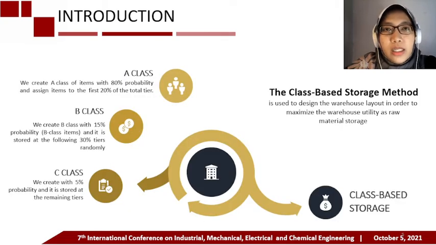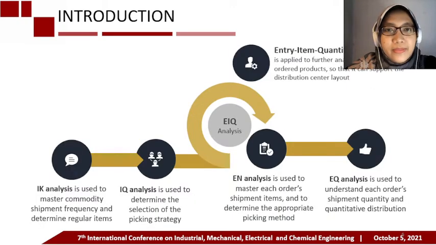So today, in this study, we will use two methods. The first method is the class-based storage method. This method is used to design the warehouse layout in order to maximize warehouse utility as raw material storage. The class consists of three classes: A class, B class, and C class.